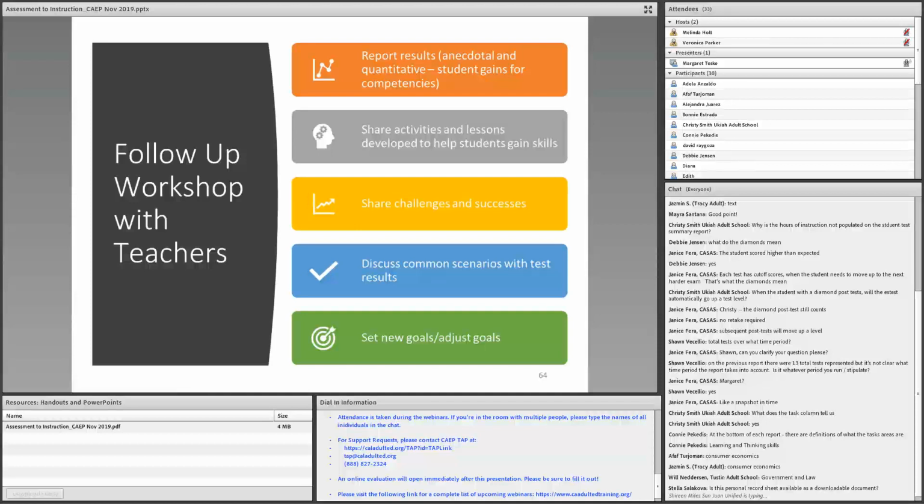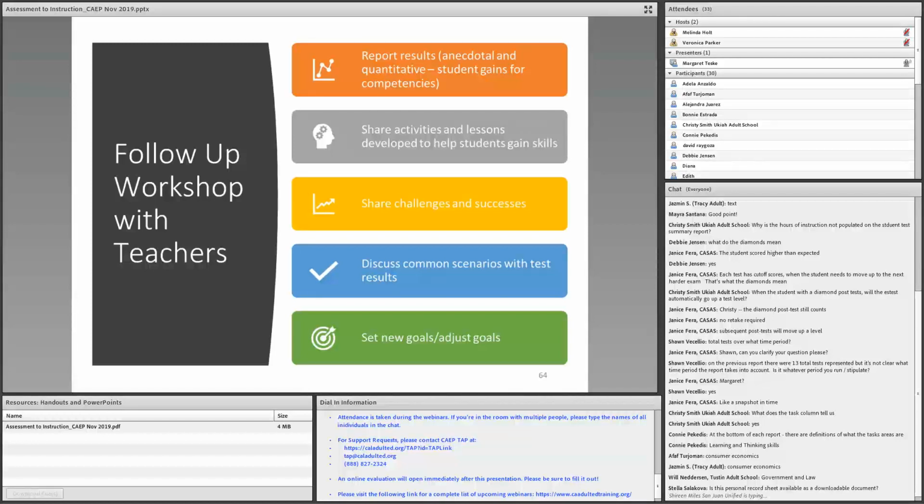It's really important to follow up with teachers. So there was a follow-up workshop recommended where you report the results. You've given them a workshop already to talk about reports. They've used the reports. They've created activities and lessons to help the students gain the skills to find out how did that go.